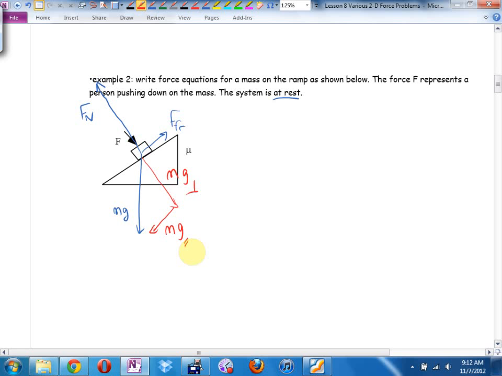Now this is not asking us to solve, it's just saying write the force equations. Let's write the vertical force equation, the perpendicular force equation. Since we're at rest perpendicularly, what equals what? What forces are canceling each other out? Can you see it?